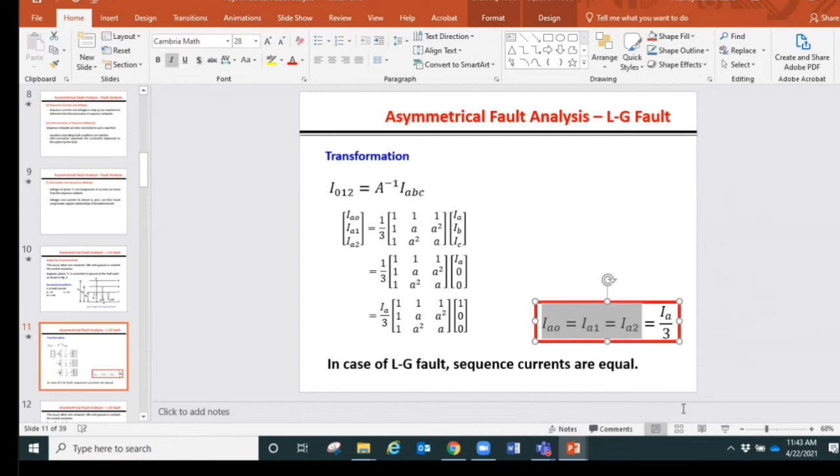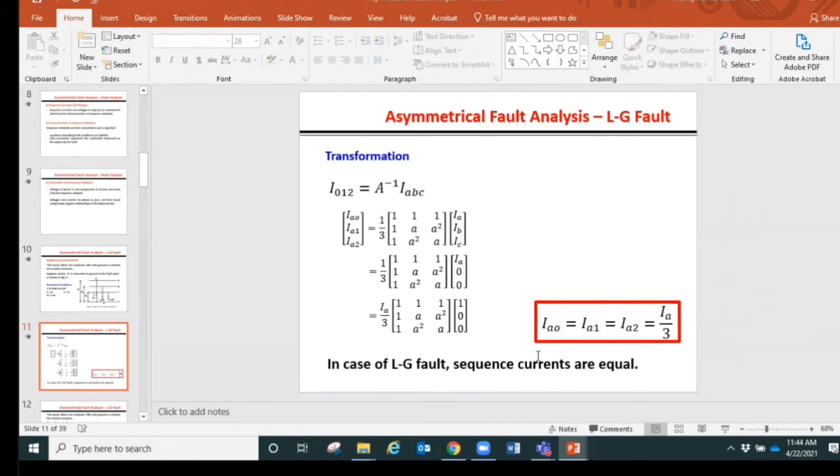So we'll draw the positive sequence network, we'll draw the negative sequence network and zero sequence network, reduce them to the shortest possible form, and now they are going to be connected in series, because that is what we are getting from the transformation. And once we know IA0, IA1, IA2, we can determine IA. It will be 3 times of IA0 or IA1 or IA2.